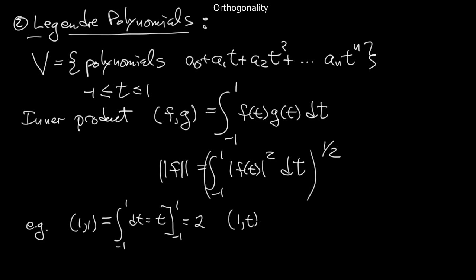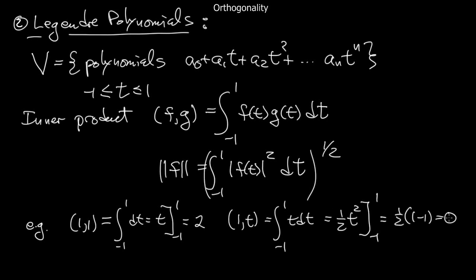And similarly, if you take the inner product of 1 and t, what do you get? You get the integral of t dt from -1 to 1, and that's 1/2 t squared, and that's 1/2 times 1 minus 1, which is 0. So that says with this inner product, 1 and t are orthogonal to each other. So that's kind of nice.